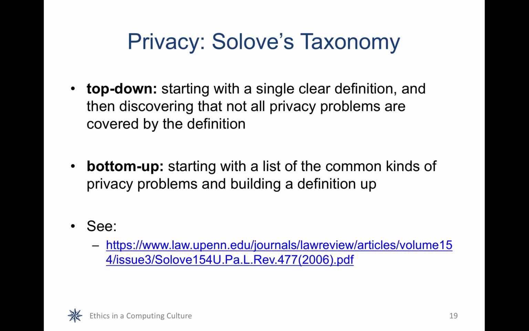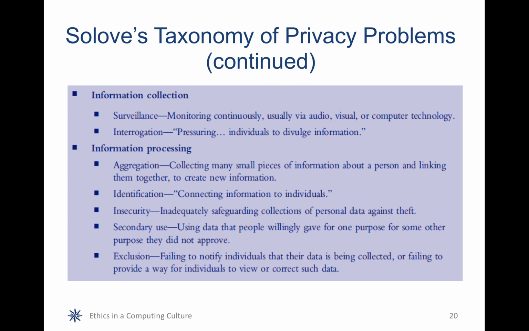So for example, he focuses on the category of information collection, which includes surveillance and interrogation. We're not going to define all of these here, but some of these are obvious in what they mean anyway. So information processing includes aggregation, and no surprise by now to most of us, computers have made it much easier to aggregate data.